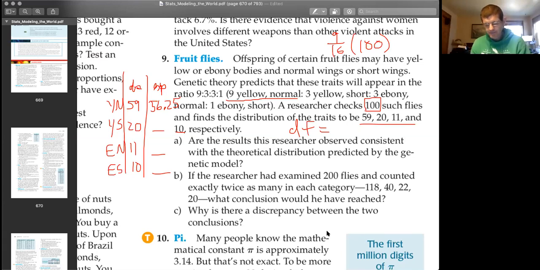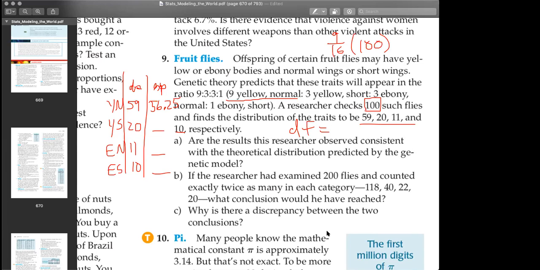Because if this was a one sample t-test, we'd look at the sample size and subtract 1. But we had to do it a little differently for this chi-square test. Anyone else brave enough to guess? Would it be 3? It's 3.